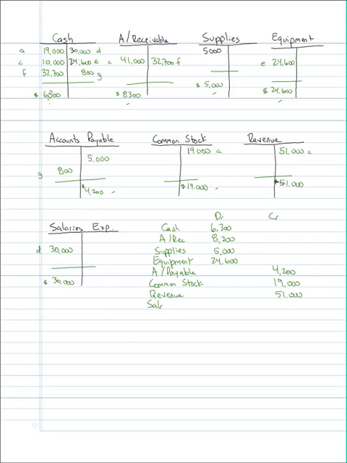And salaries expense has a $30,000 debit balance. We can total our accounts and find that our debits in fact equal our credits. Both columns total $74,200.